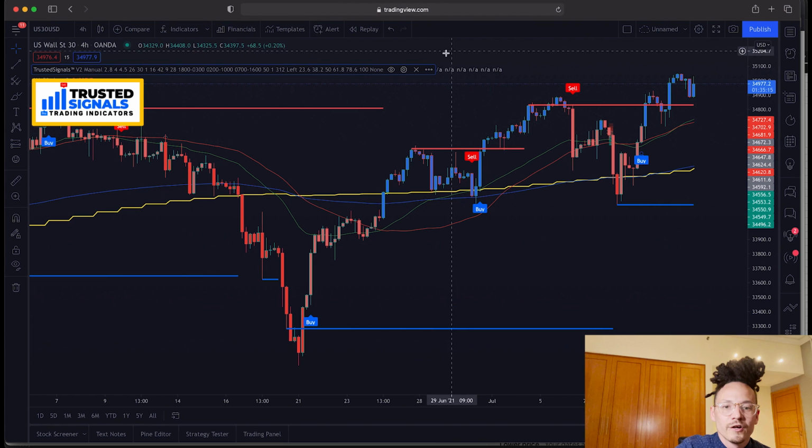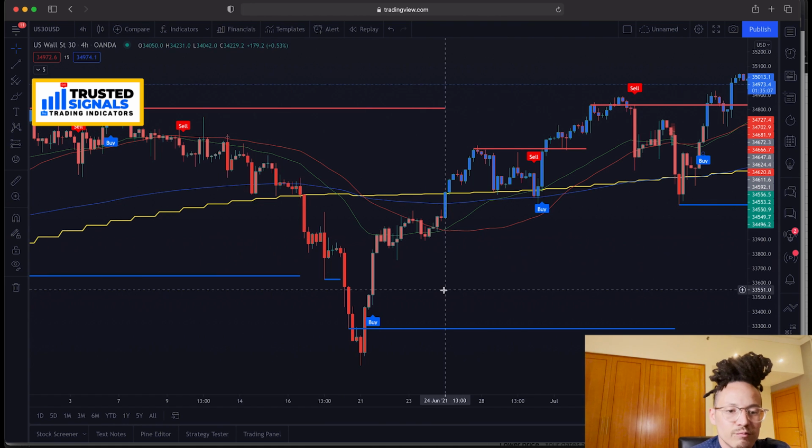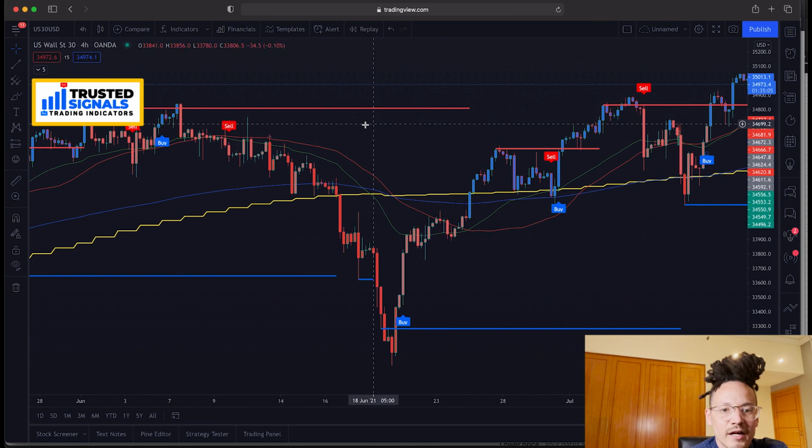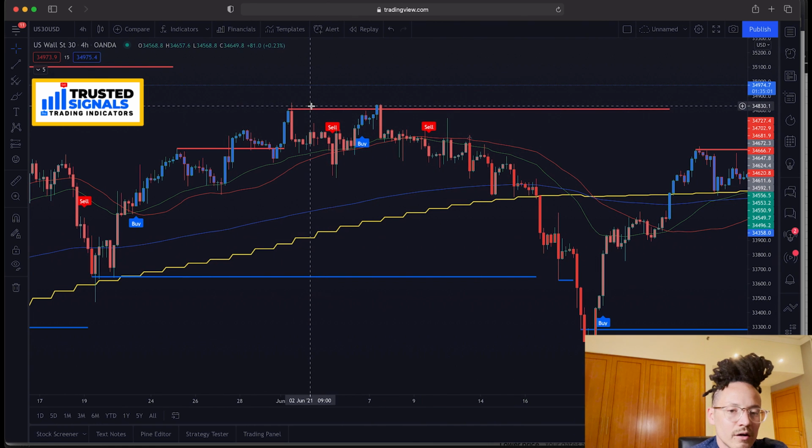So here you can see clearly these red lines. I'm gonna close this out. These red lines and these blue lines. These red lines are zones where Trusted Signals analyzes previous price and points where price is rejected. So for instance, at this level right here, you can clearly see it was rejected, price came back down.